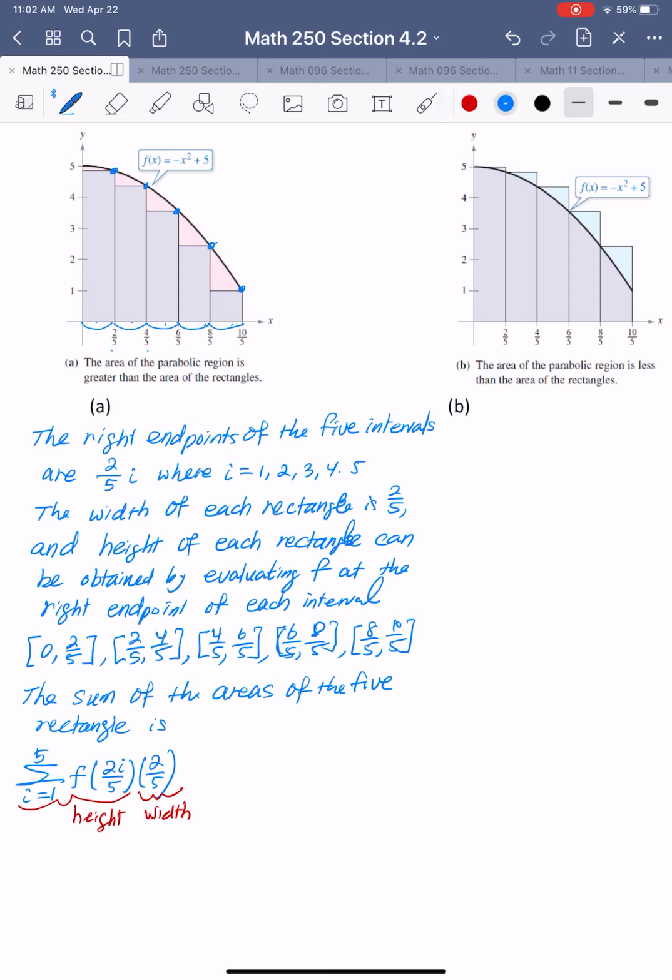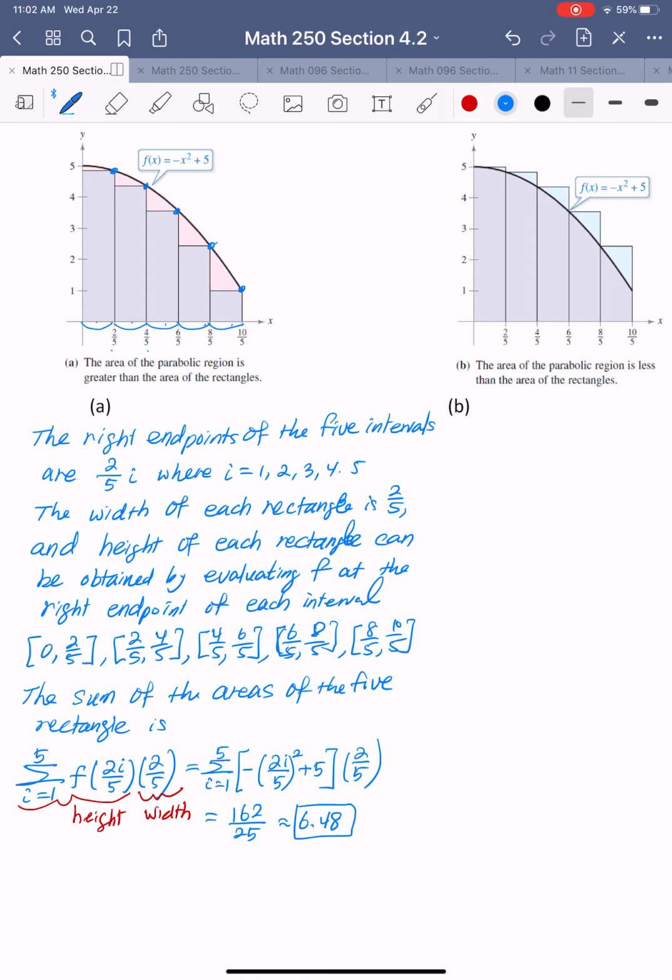This is the same as the sum from i equals 1 to 5 of the function negative x squared plus 5 evaluated at 2i over 5. So it will be negative 2i over 5 squared plus 5, which is the height, multiplied by the width. If you simplify this, you get 162 over 25, which is about 6.48.